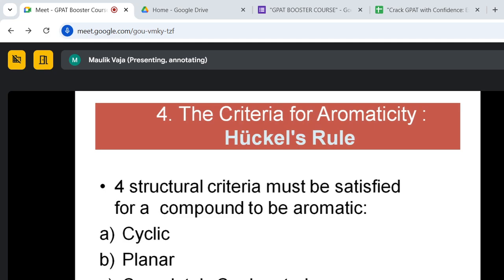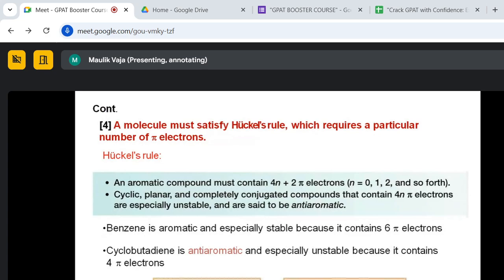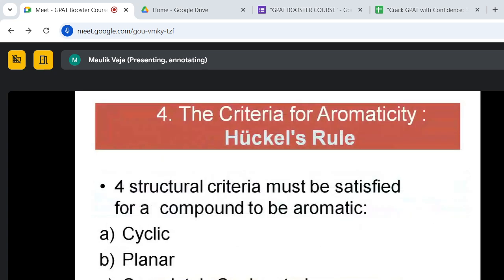So these are the four main requirements: it should be cyclic, planar, completely conjugated with alternate double bonds, and it should follow Huckel's rule. These four are the criteria for any compound to be called an aromatic compound. So what is the meaning of Huckel's rule?